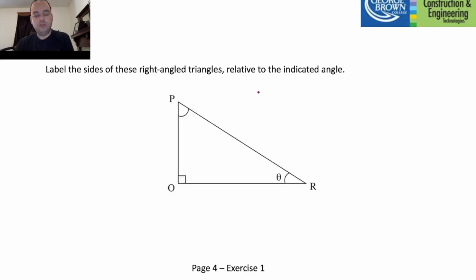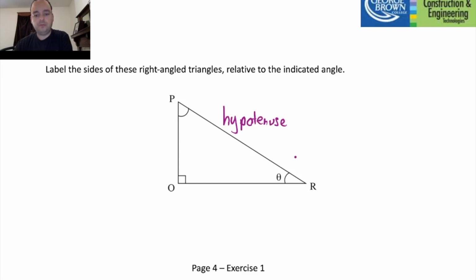Relative to the angle, one of these sides will always be labeled a specific way, and it's insensitive to which angle we have. Whether you choose this angle here or this angle here, the labeling of the hypotenuse is always the same. So let's just write there, hypotenuse.